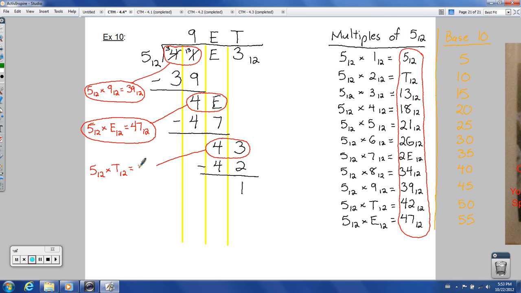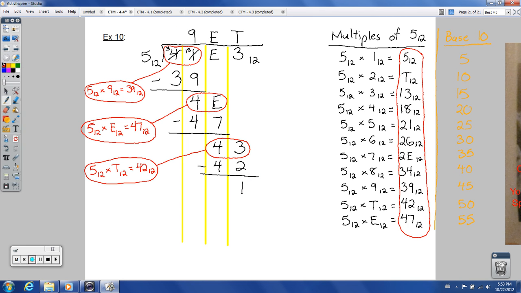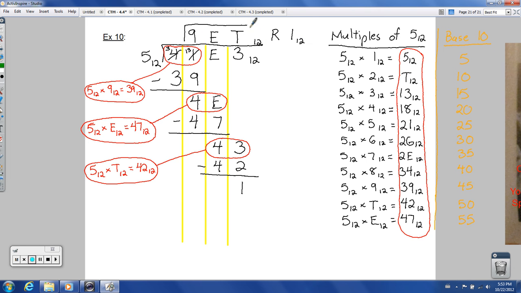So this was a 42 base 12. That's where that choice came from. Okay, and so from there, I have 1 left over, and that's all I have here. So this is this base 12, final answer, with a remainder of 1 base 12. Okay, so that is that right there.